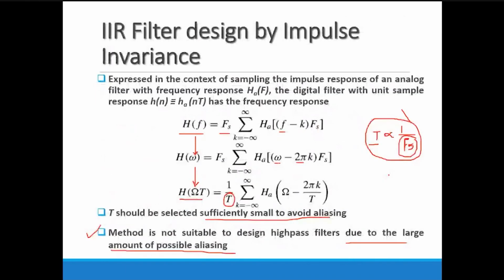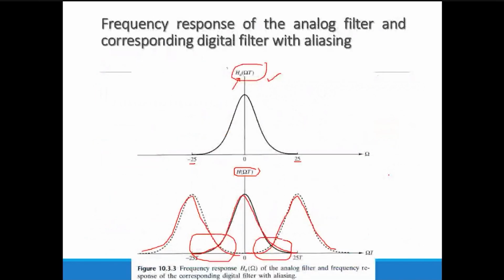But the design is like this. Whatever design we are using, this is the impulse invariance method. So here Ha of j psi T, you are getting minus 25 and 25. For example, these are the values of your low pass filter. Similarly, here the diagram is shown for the impulse invariance method. You are getting the original signal and replicas of that in the lower sideband as well as in the upper sideband.